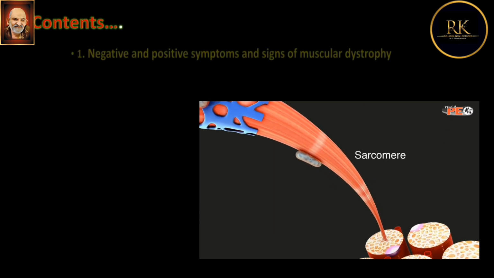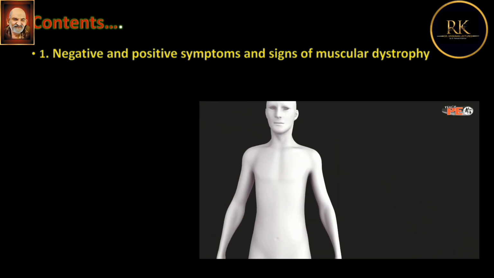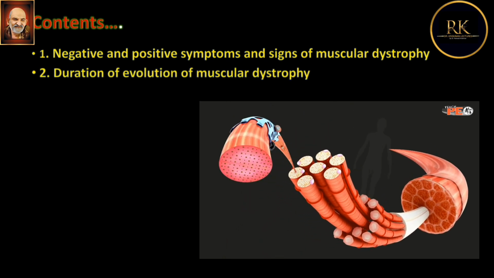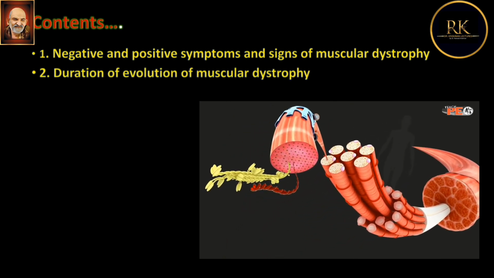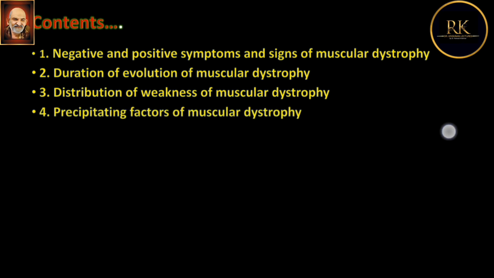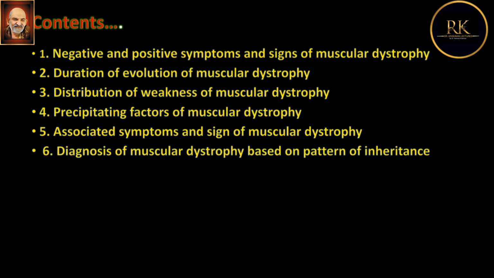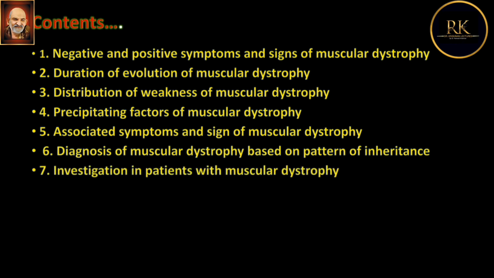The content of my lecture includes negative and positive symptoms and signs of muscular dystrophy, durations of evolution, distribution of weakness, precipitating factors, associated symptoms and signs, diagnosis of muscular dystrophy based on pattern of inheritance, and investigations in patients with muscular dystrophy.